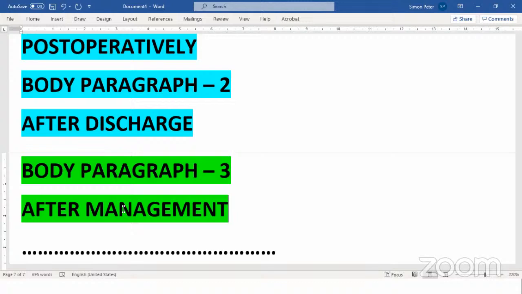They know because they only sent him. They know about admission. He came from there only. So no need of discussing admission. Before operation, everything they know. So avoid that. There is no need of discussing that.